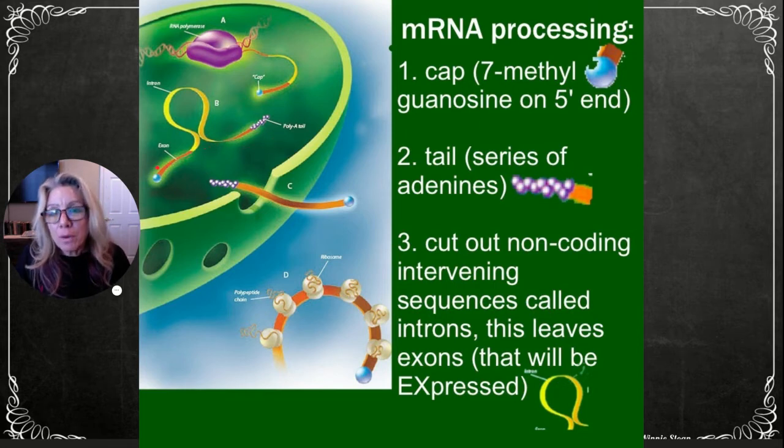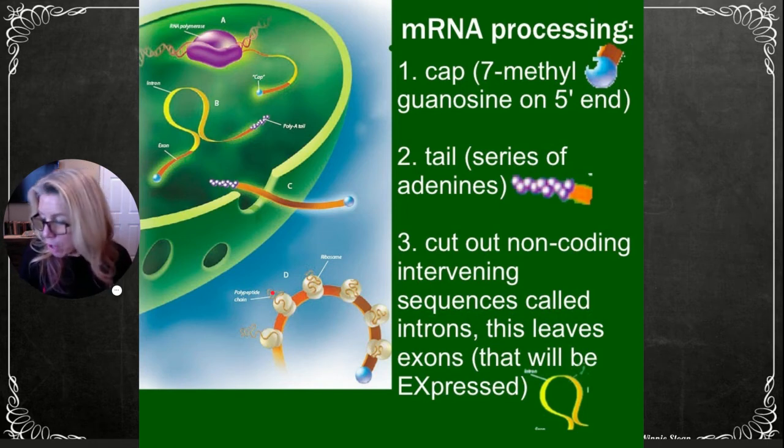And so you have here an exon, an intron, and then another exon. So they're cutting out this portion of it. So when it's all done and it leaves the nucleus, what you're going to have is your cap, exon 1, exon 2, and then your poly A tail. And then this can go out and get on a ribosome and get translated.